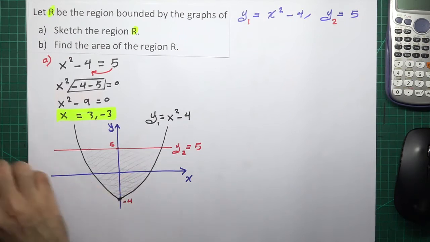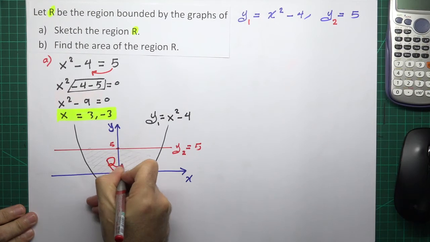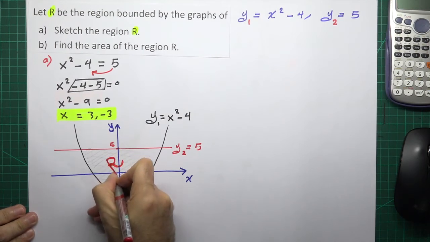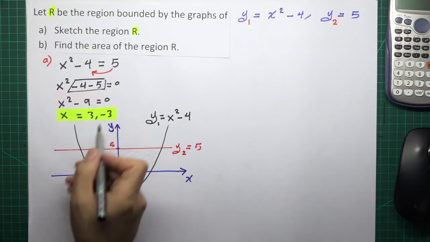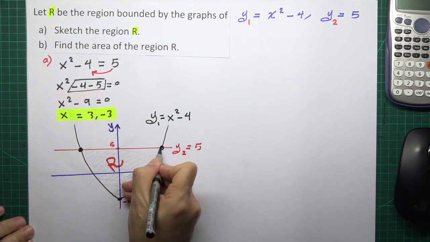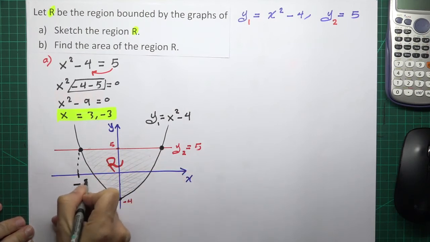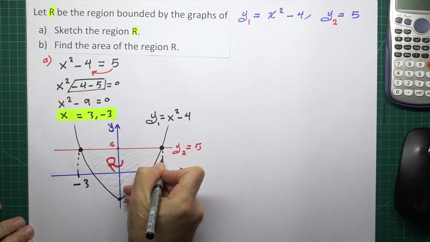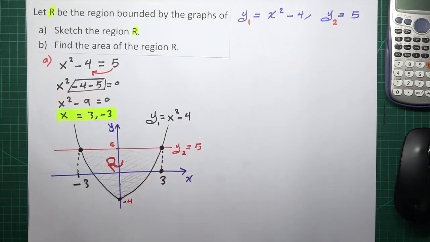So this is the region R, and we know from the previous step that it starts from minus 3, and the second point of intersection is at 3. So part A is done.